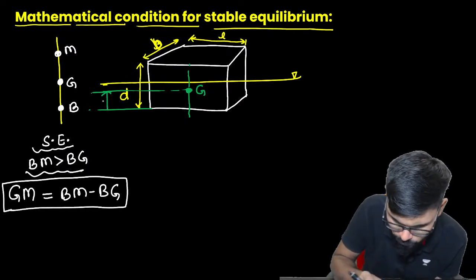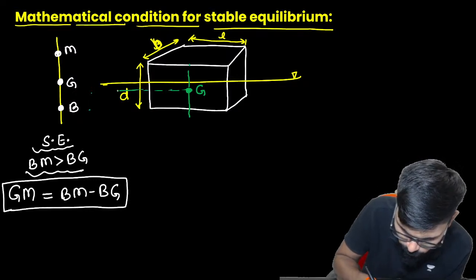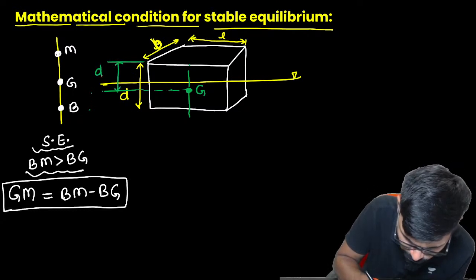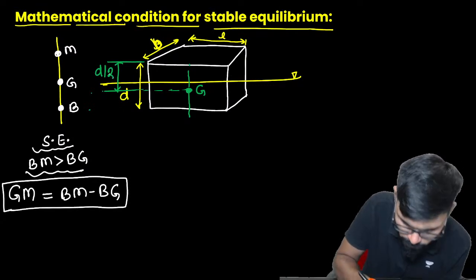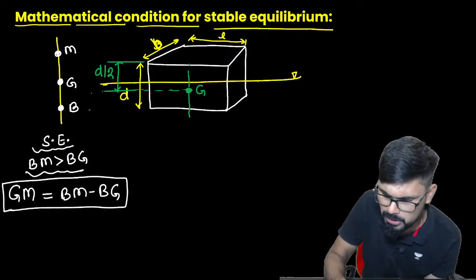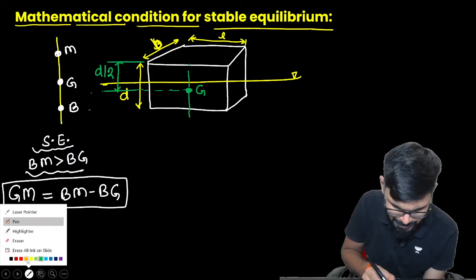Or from the top also you can measure, that will be easy. That is G value, we can easily locate. Now suppose it is submerged to height H.